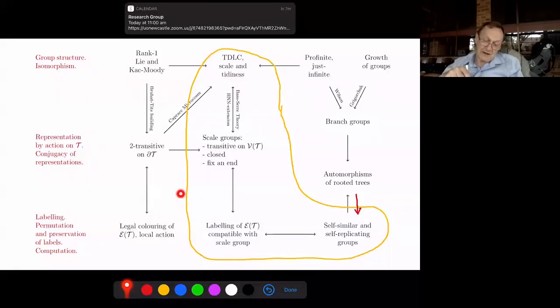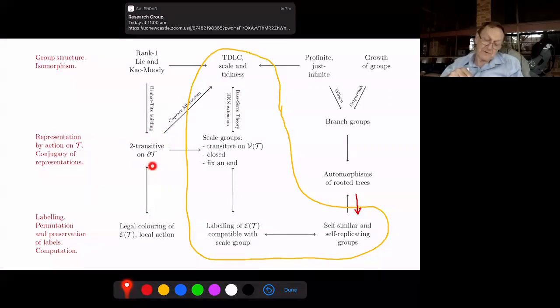I haven't said anything about the left-hand side of the diagram here. I don't think I will say very much. Perhaps I will just point out one part, and that is groups acting two-transitively on a regular tree. So the full automorphism group, for example, does that, and so do various p-adic Lie groups.